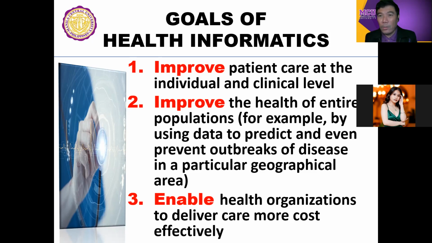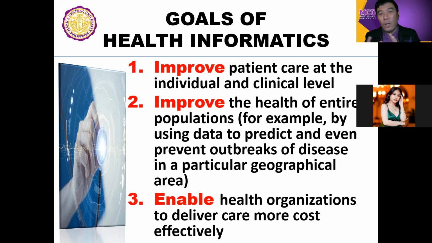You may not have talked to someone, but based on your access to information, you have already gathered the information and translated it to the knowledge of the nurse on how she or he will strategically consider effective nursing care and a successful nursing care plan. Another is to improve the health of the entire population.